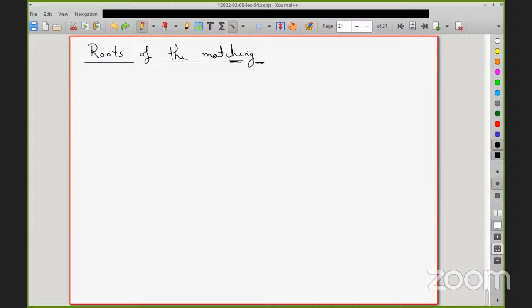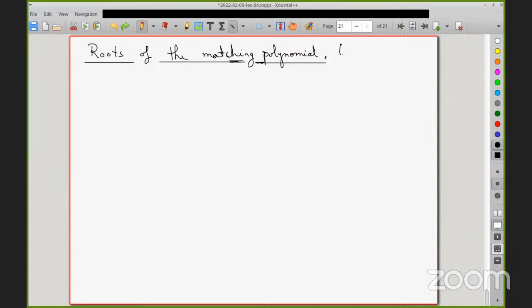So I'll actually do the proof, but we will not show interlacing. We will do their proof of the zero-free region. So the roots of the matching polynomial, the Heilmann-Lieb theorem.